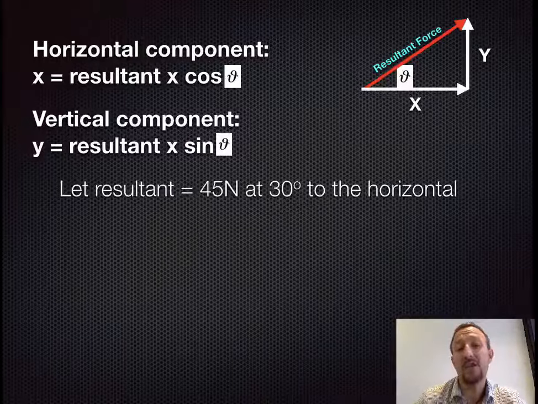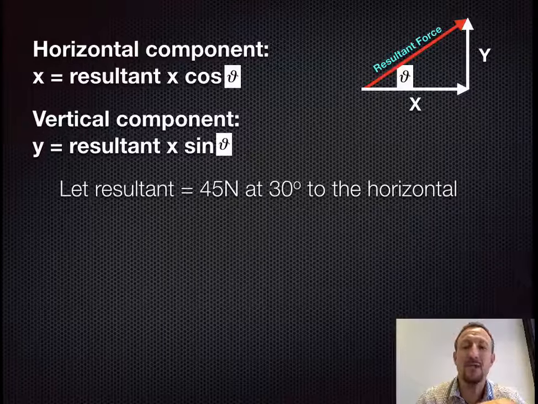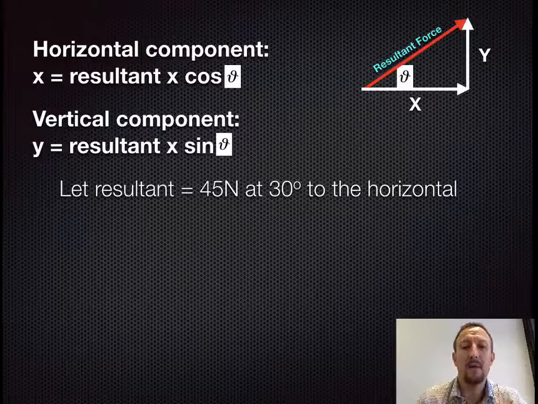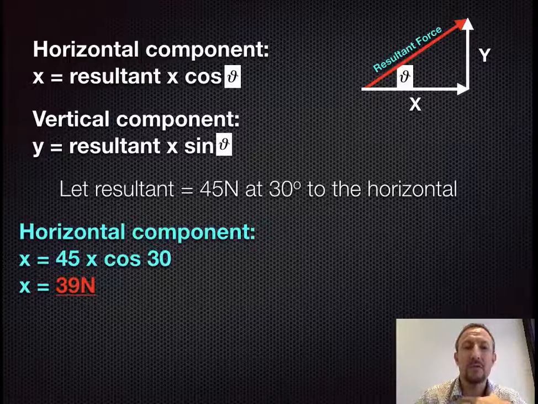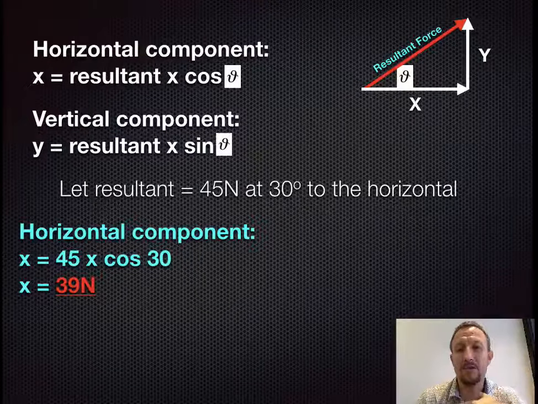So if I substitute in these values, if I've got a resultant which is 45 newtons at 30 degrees to the horizontal, this is how we would solve it. The horizontal is the resultant 45 times cos theta, where theta is 30 degrees, so I get 39 newtons applied in the horizontal.